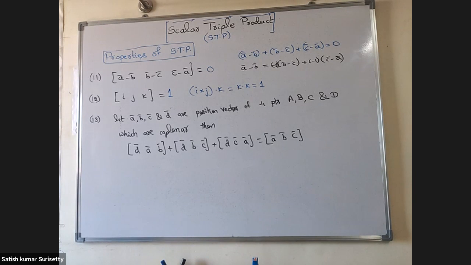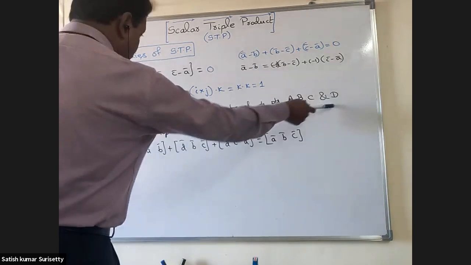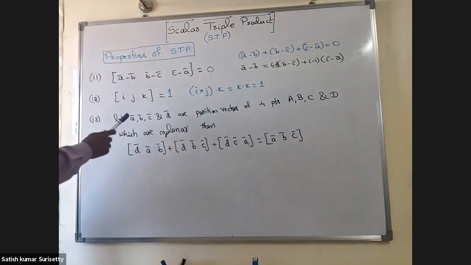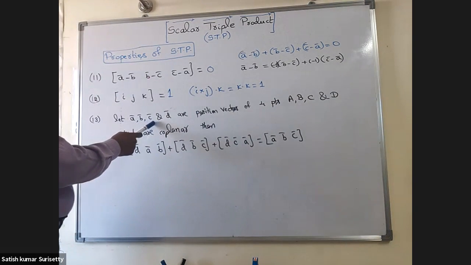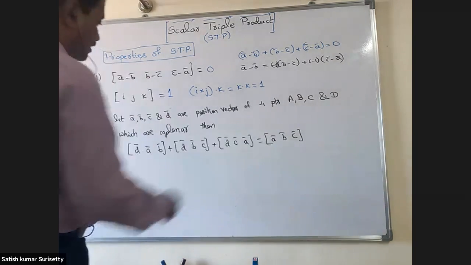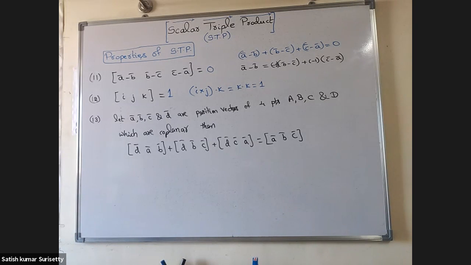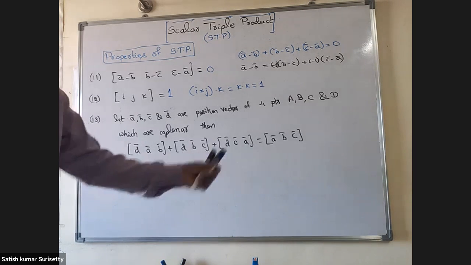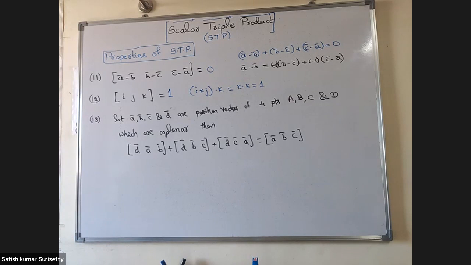So when A, B, C, D are coplanar, 4 points whose position vectors are A bar, B bar, C bar and D bar, the sum of these three will be the scalar triple product of A bar, B bar, C bar. Now take the left hand side and prove the right hand side, or use any of the properties of coplanar vectors and then try to prove.